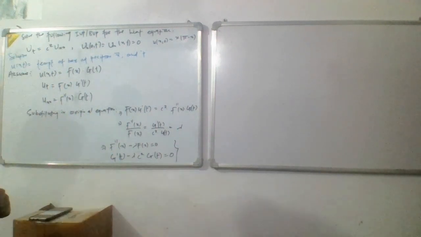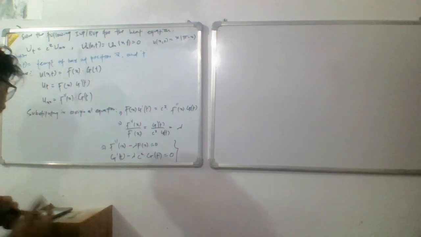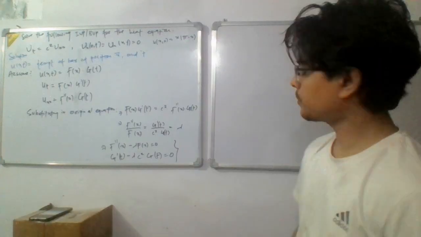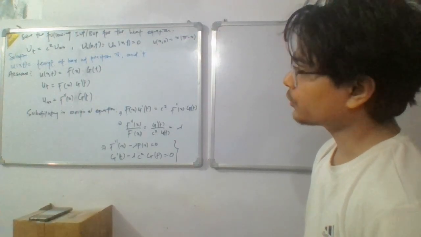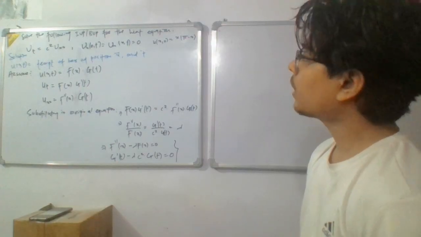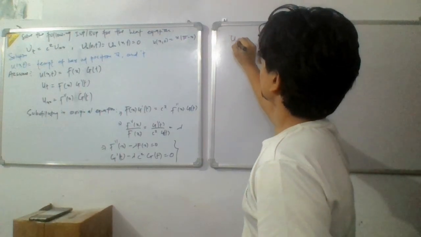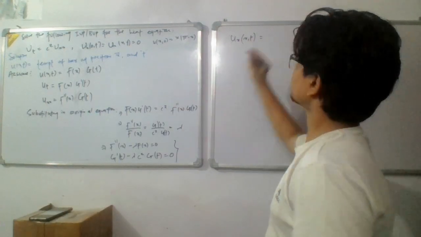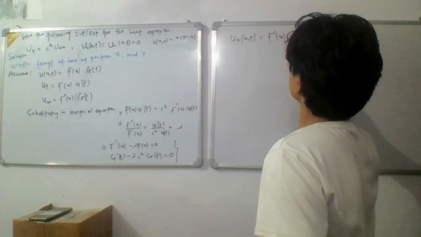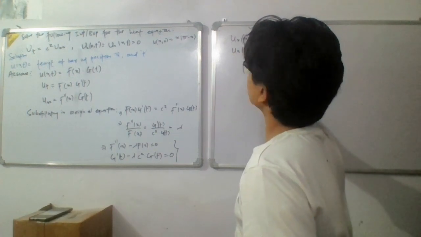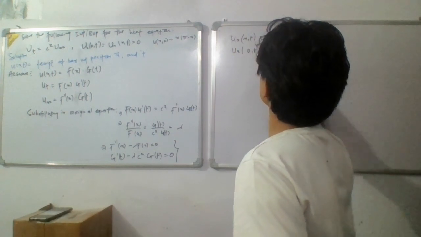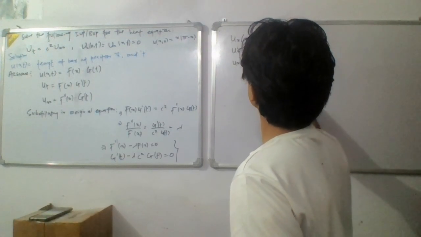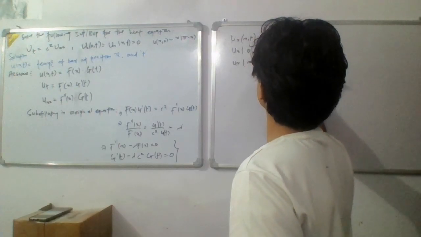So what next? We have got our ordinary differential equations from the partial differential equation, but we haven't got any boundaries. So for that, let's find the boundaries. To find the boundaries, we have to find u_x(x,t), that is F'(x)G(t). Now u_x(0,t) equals F'(0)G(t), and u_x(pi,t) equals F'(pi)G(t).